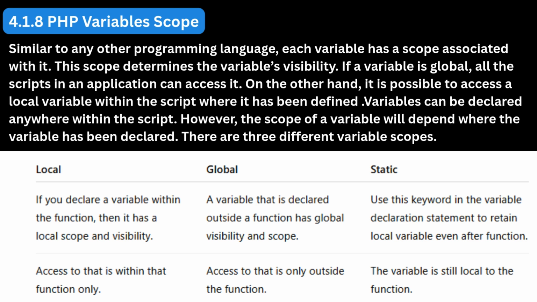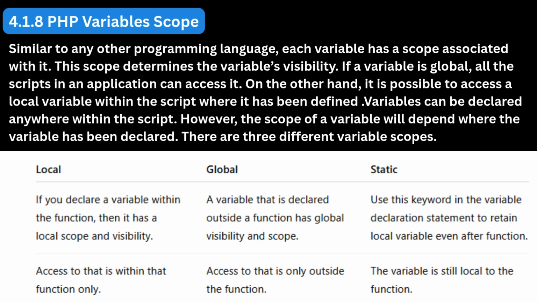Global scope. A global variable, on the other hand, is declared outside any function. This makes it accessible throughout the entire PHP script, in any part of your program. However, there's one important detail. You cannot directly access a global variable from inside a function unless you explicitly declare it as global within that function.